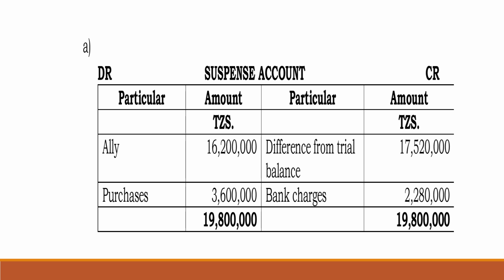Again, we debit the suspense account against the purchases account with the amount 3,600,000. But the last one is the bank charge, so we are going to credit suspense account with the bank charges. So if you total this suspense account, you find out that there's a nil balance. So the debit totals equal the credit totals.